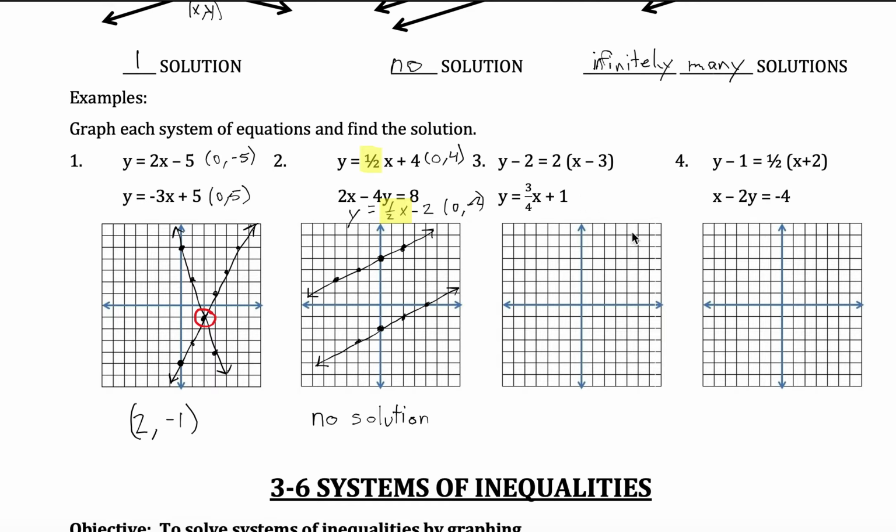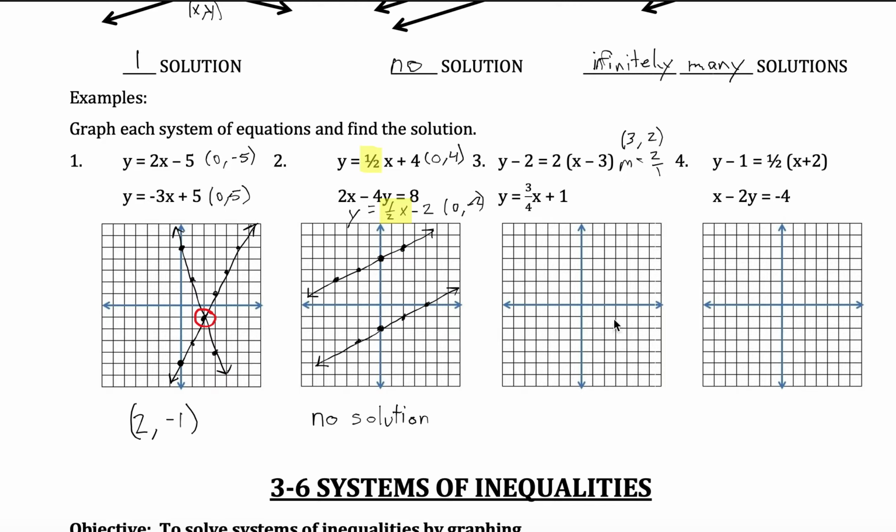So taking a look at number 3, if we have our line equation in point slope form, we could do one of two things. We could convert it into slope intercept form if that's what you choose to do, or you can pull out the point, which in this case would be 3, 2, and you can pull out the slope, which in this case would be 2, or 2/1.